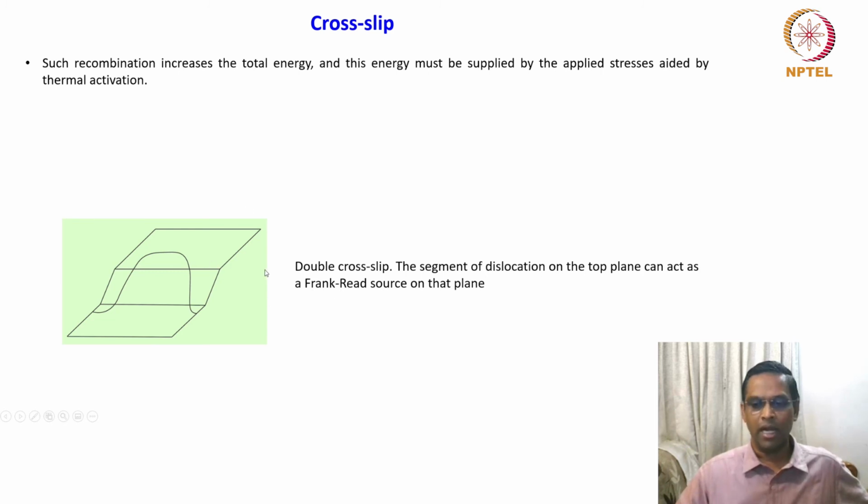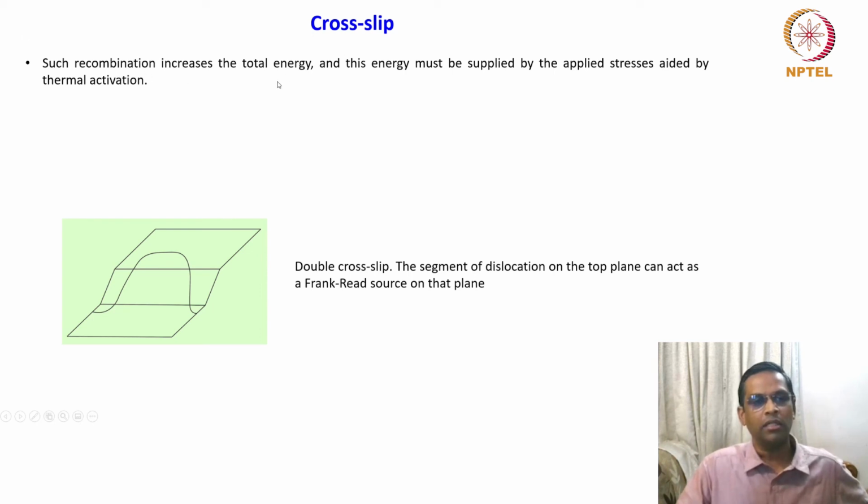So this is another schematic of double cross slip. The segment of dislocation on the top plane can act as a Frank-Read source on that plane. So this is another example of a cross slip, but it is a double cross slip.